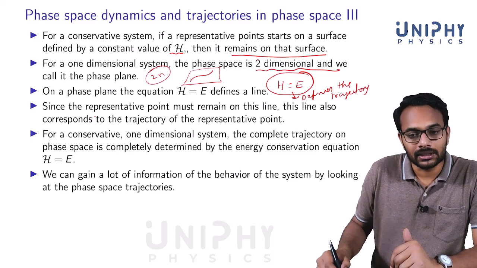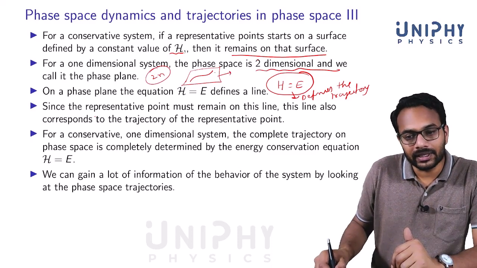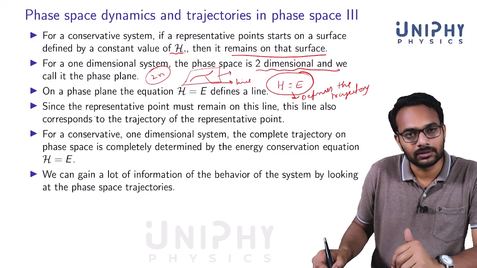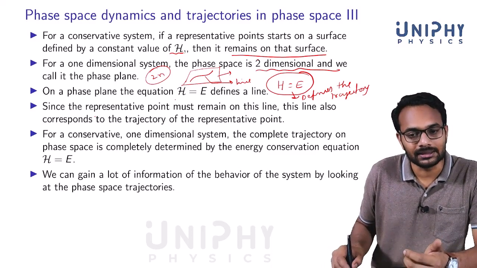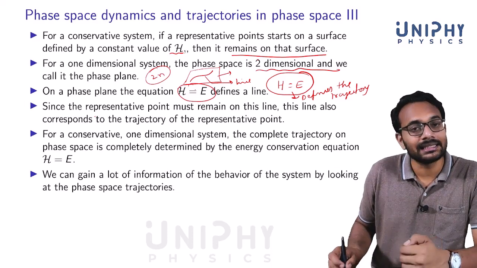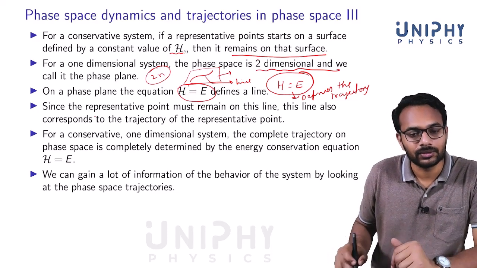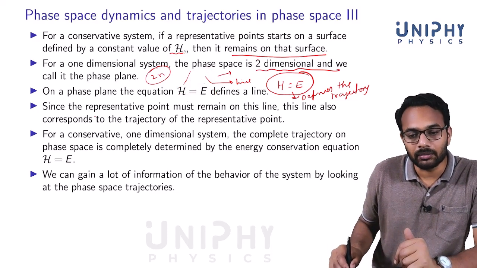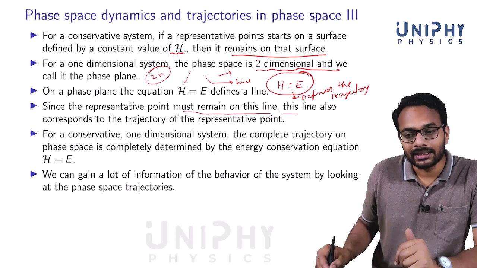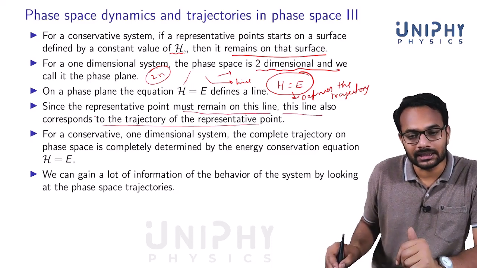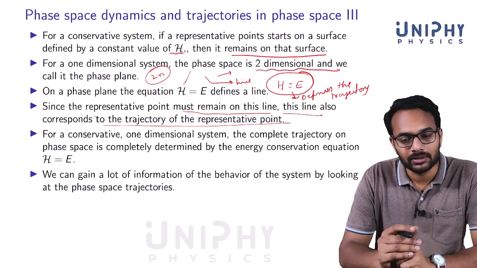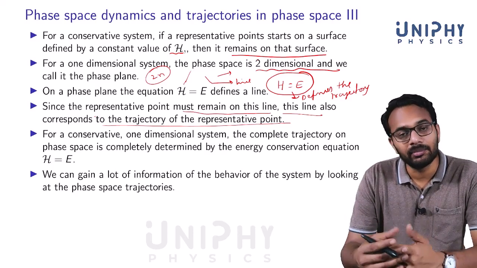The conservation of energy will define a surface, but the trajectory will be a line on this surface. But for a one-dimensional system, this defines a line and the trajectory is the same line. This is an interesting thing we will be using in problems.